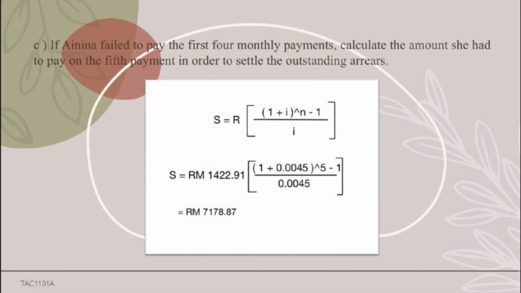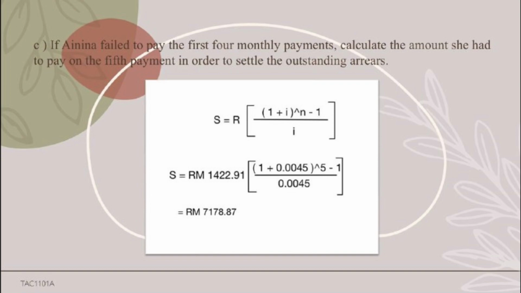Next is question C. If Adina failed to pay the first 4 monthly payments, calculate the amount she had to pay on the fifth payment in order to settle the outstanding arrears. The formula that we need to use is S equals R in bracket 1 plus i the power of n minus 1 divided by i. So first, we need to put the R in front. 1,422 ringgit 91 cent in bracket 1 plus 0.054 over 12 the power of 5 minus 1 over 0.054 over 12.